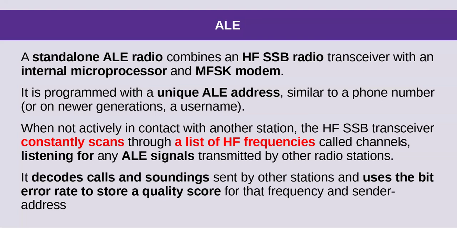ALE radios operate on different bands. Most of them are channelized, because when you know the address set, you don't want to confuse the public people, so you can scan.